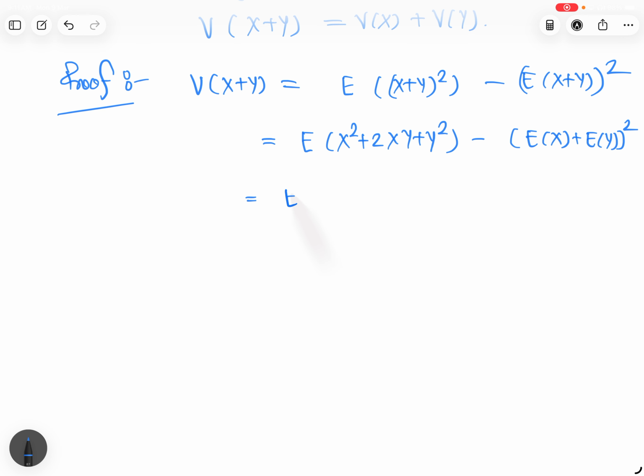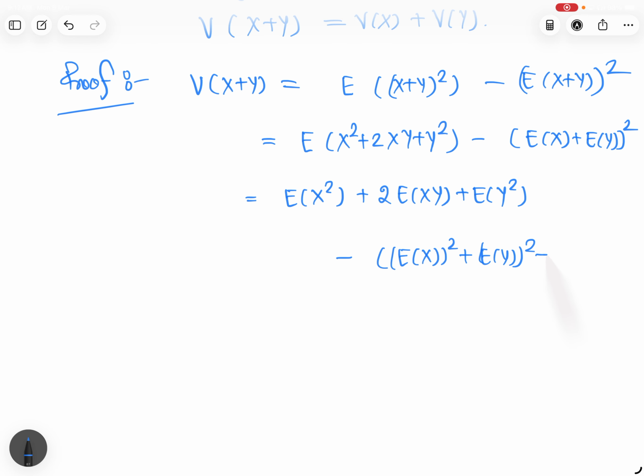So this will be E x square plus 2 times E of xy plus E y square. What will be this? (Ex) square plus (Ey) square plus 2 Ex into Ey.